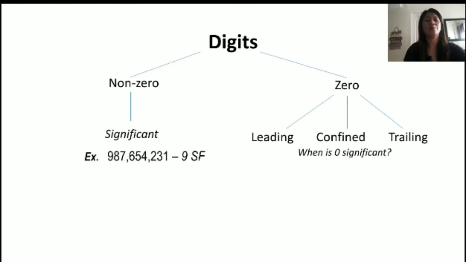For example, we have the number 987,865,231. Since all the digits are non-zero, all the digits are considered significant. So in this measurement, we have 9 significant figures.